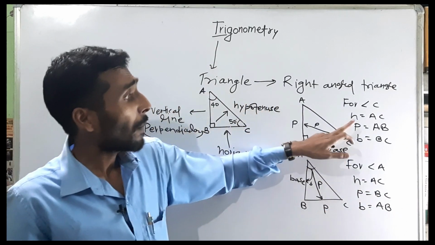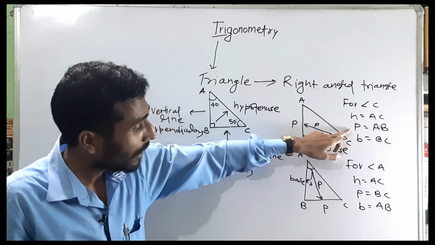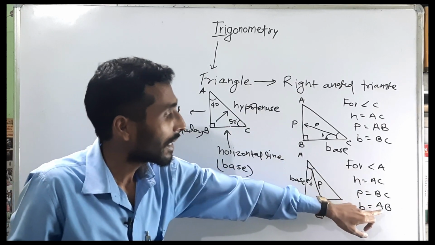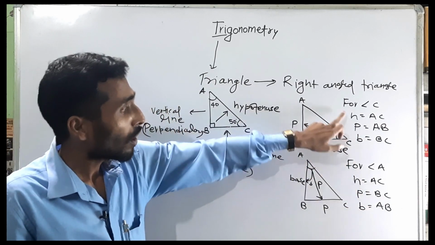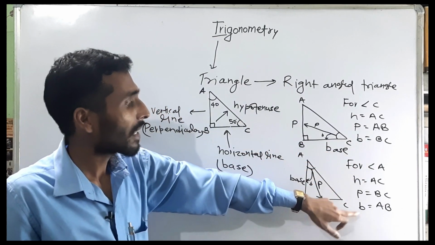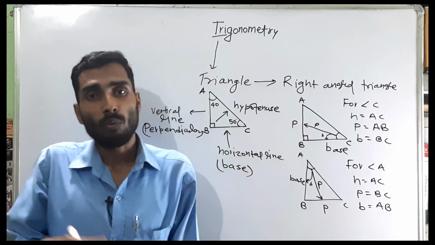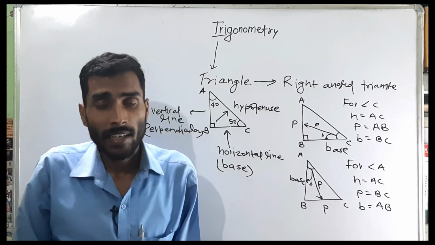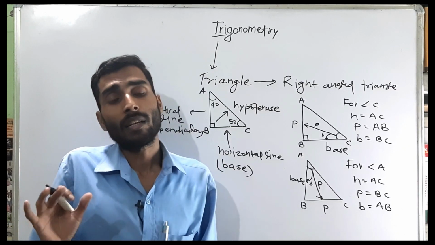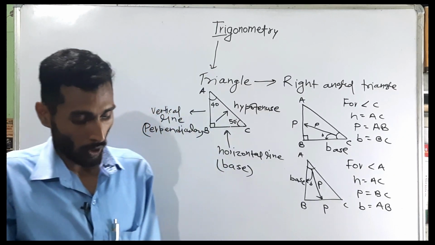So for a particular angle C, AB is perpendicular, but for the other acute angle, AB is base. For a particular angle, BC is base, but for another acute angle, BC is perpendicular. So on the basis of which acute angle we are talking about, we decide what will be the perpendicular and what will be the base.